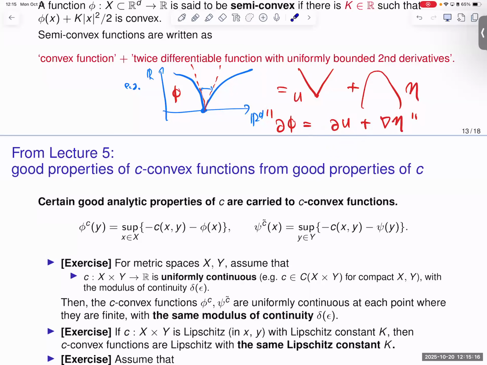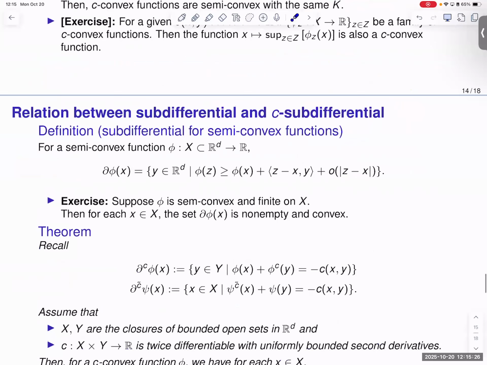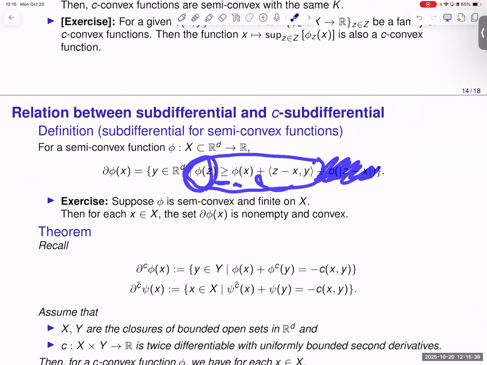So basically, a semi-convex function can also have a subdifferential. This notion of supporting hyperplane is originally for convex functions, and you can relax it, or consider the supporting hyperplane also for semi-convex functions. This is the relation between the original function and the supporting hyperplane.